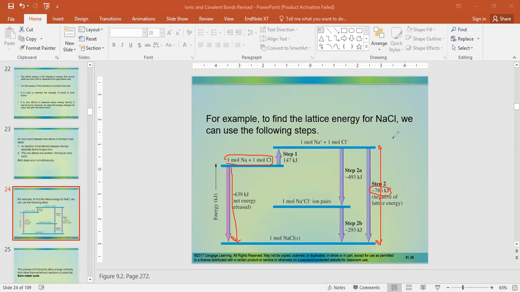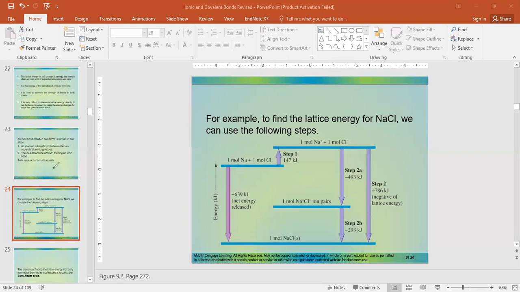Meaning that if you take negative 786, plus the positive energy here, 147, it is supposed to give you the amount of energy involved in the formation of a sodium chloride lattice from the time you take 1 mole of sodium and 1 mole of chlorine, and you end up forming a solid sodium chloride particle.